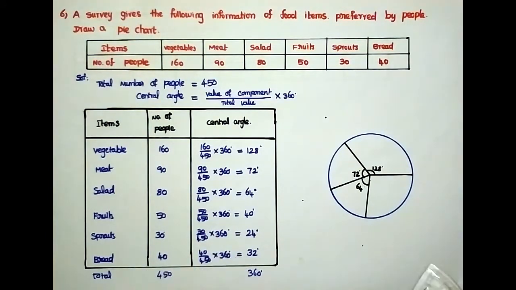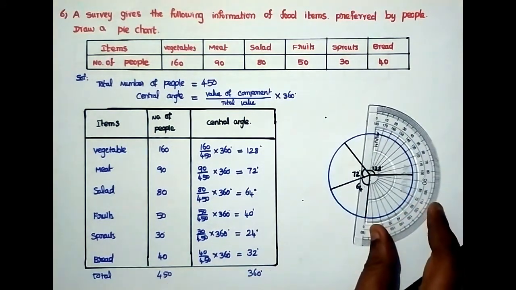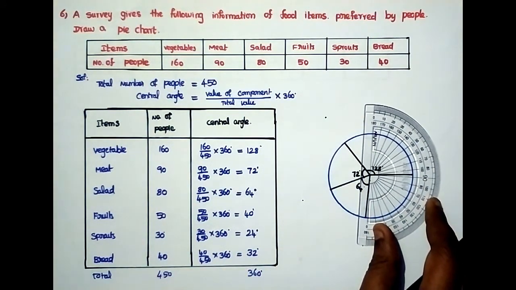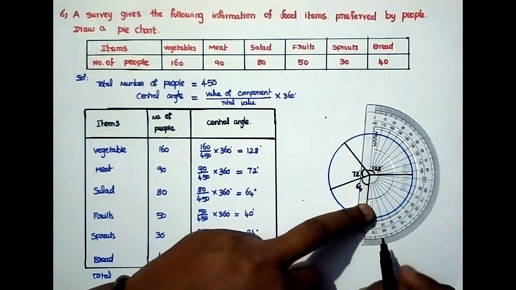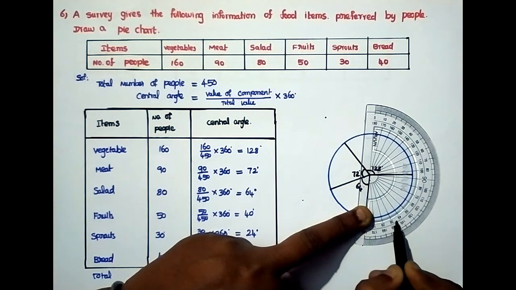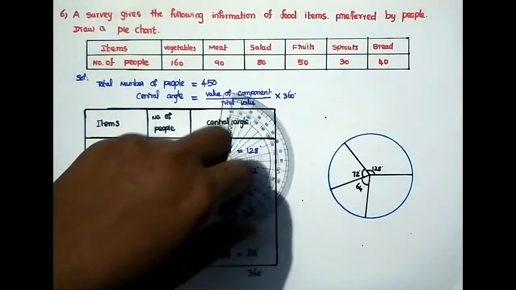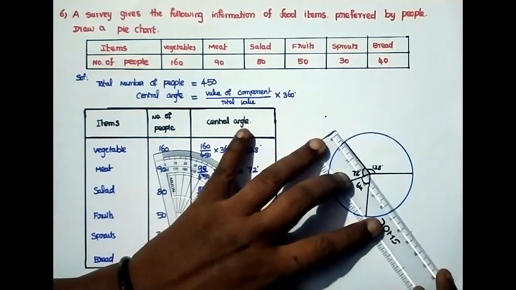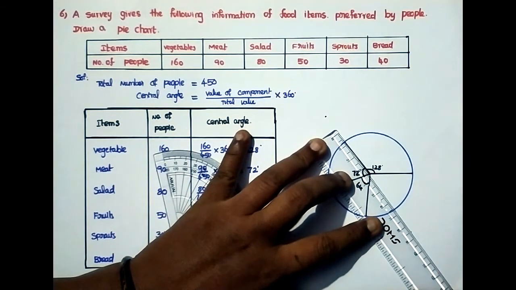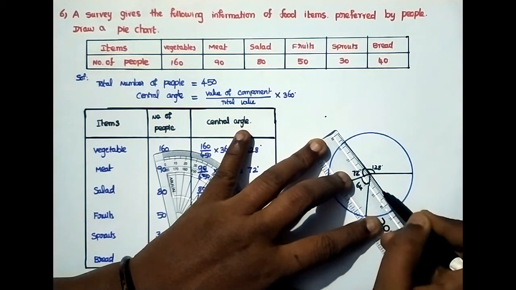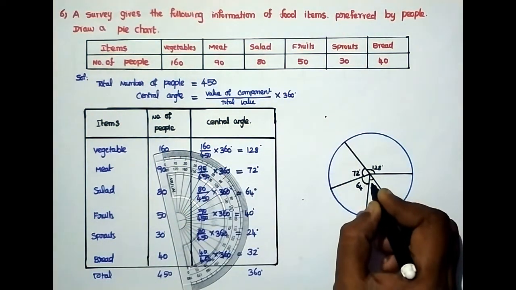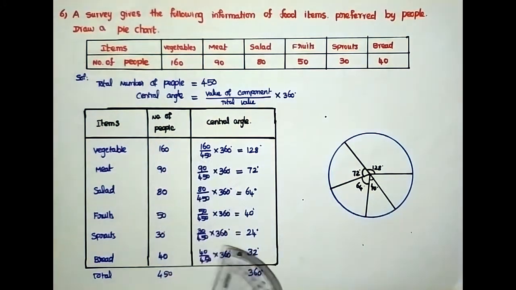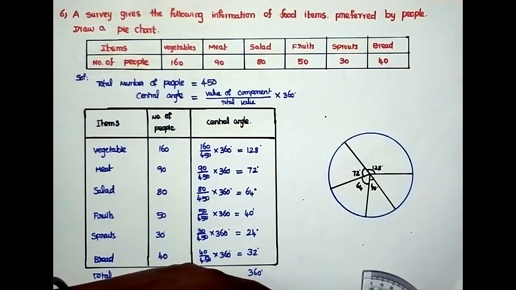Next one, 40 degree. From this line we have to measure 40 degree. 0, 10, 20, 30, 40 here, and draw the line. That is 40 degree. Next one, 24 degree.